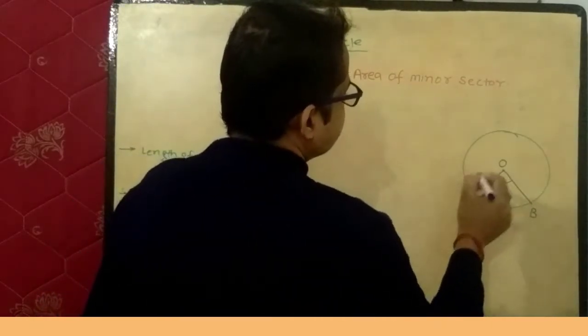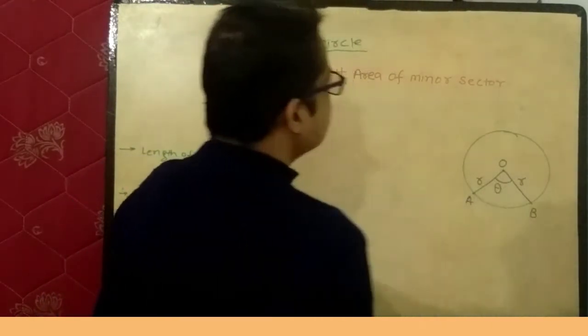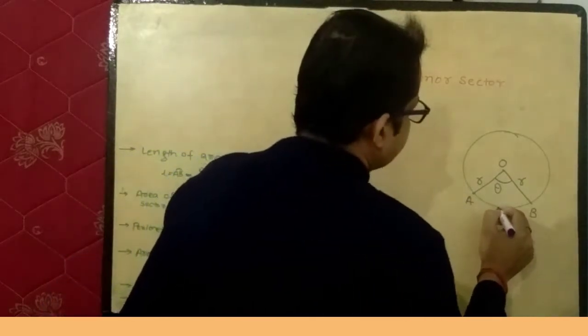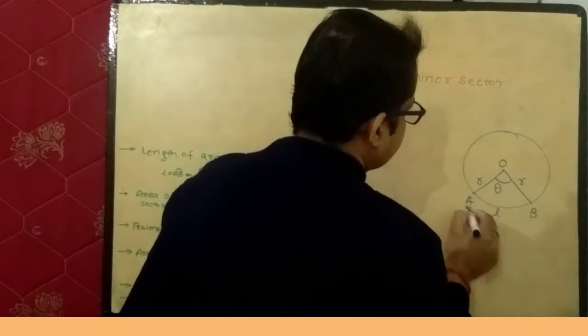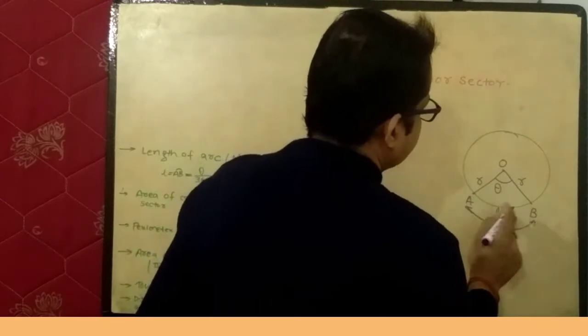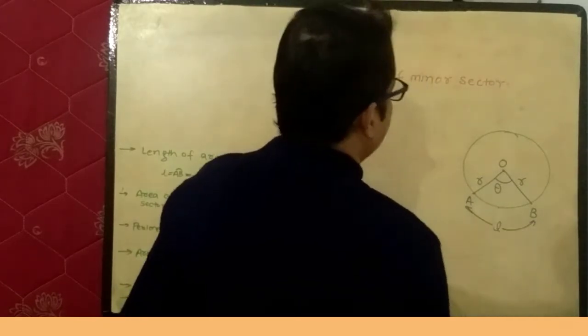This OA is radius and this OB is also radius, and this arc length is small l.